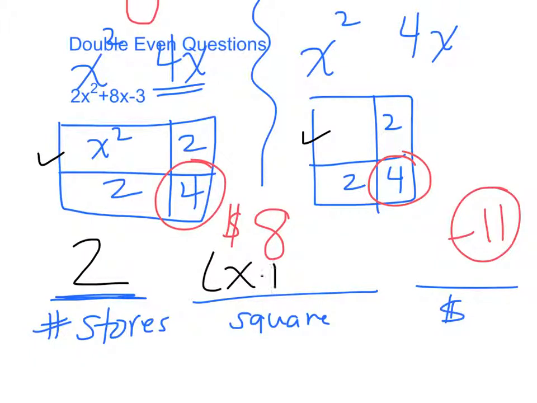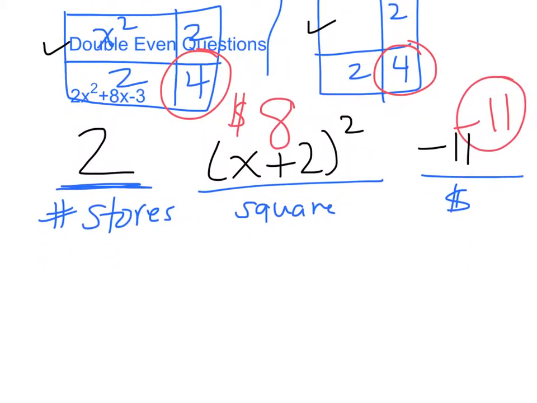It's x plus 2 squared. And my overall financial situation is -11. So the answer to this one, to write a little bit neater, is 2 times (x plus 2) squared minus 11. That's how you handle a double even question.